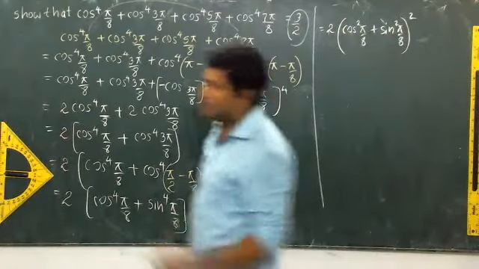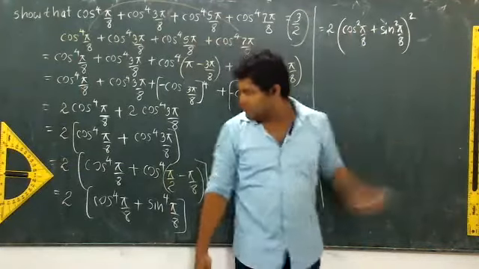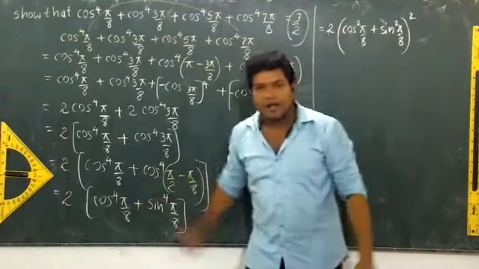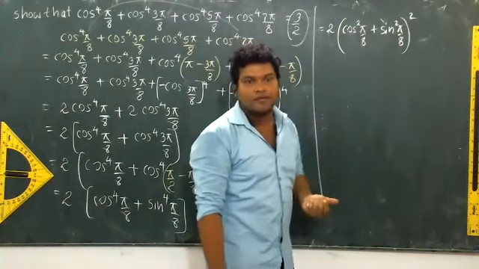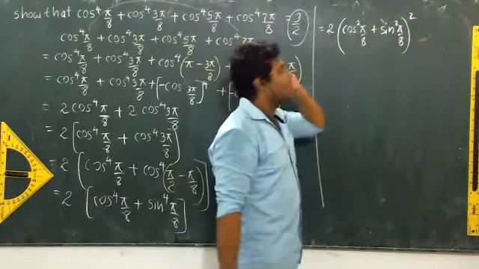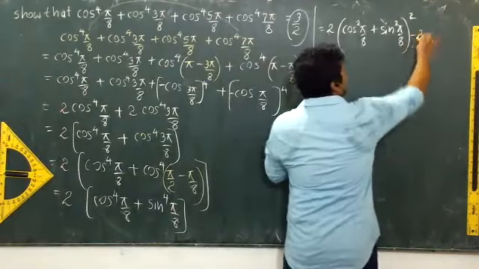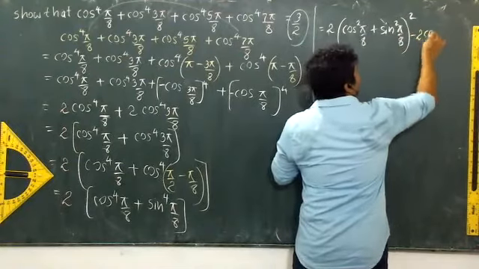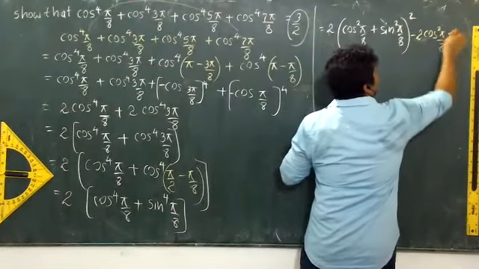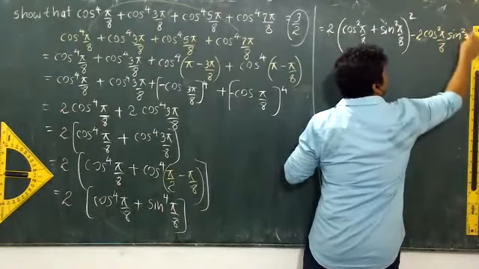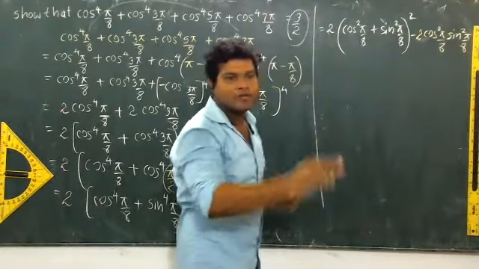But just because we have written both squares, the first term and last term are coming, but 2 times the product is also coming. That's why I have to subtract 2 times the product of cos square 5π/8 and sine square 5π/8. The product we have to remove.